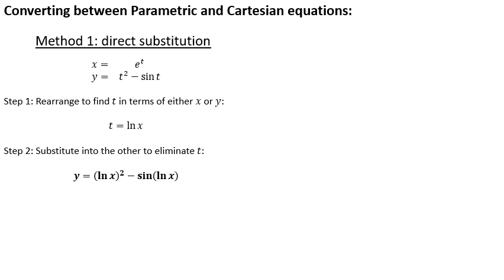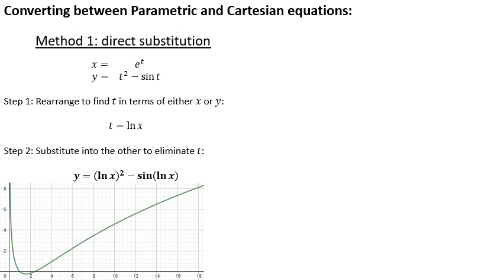Y equals t squared, but t is ln x, so y equals ln x squared, minus sine of t, but t is ln x, so sine of ln x. It doesn't look very pretty. It's not going to give a very well-known graph, that's for sure, but that is the Cartesian form. And what you're probably already noticing is that it doesn't tell you very much. You can't see very much from this Cartesian equation.